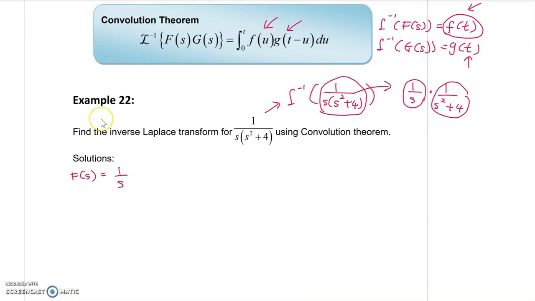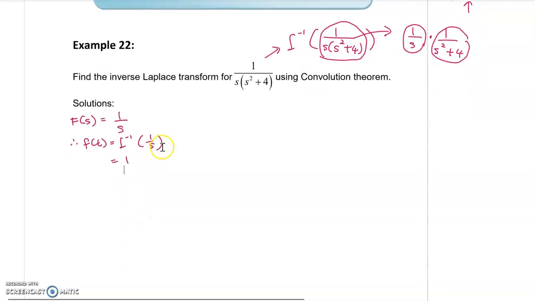So F(s) equals 1 over s, therefore f(t) is the inverse of 1 over s. If we refer to the table, the inverse of k over s is k, so we have 1 over s, so it is 1.